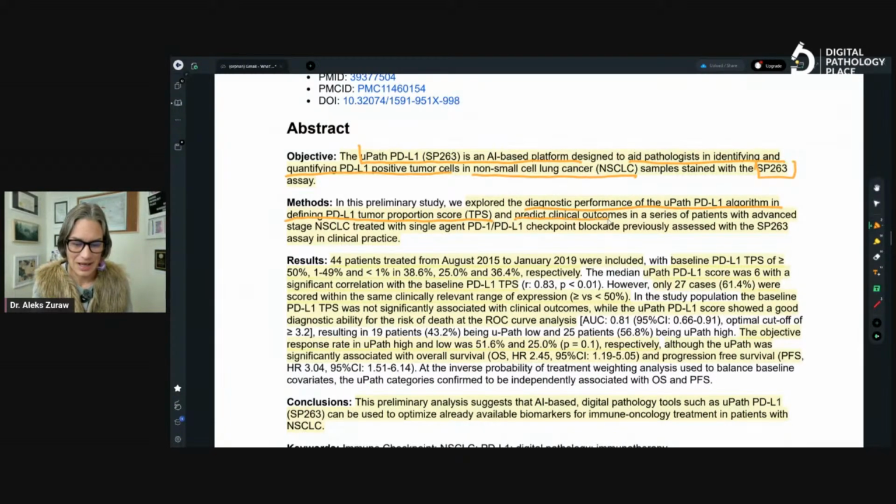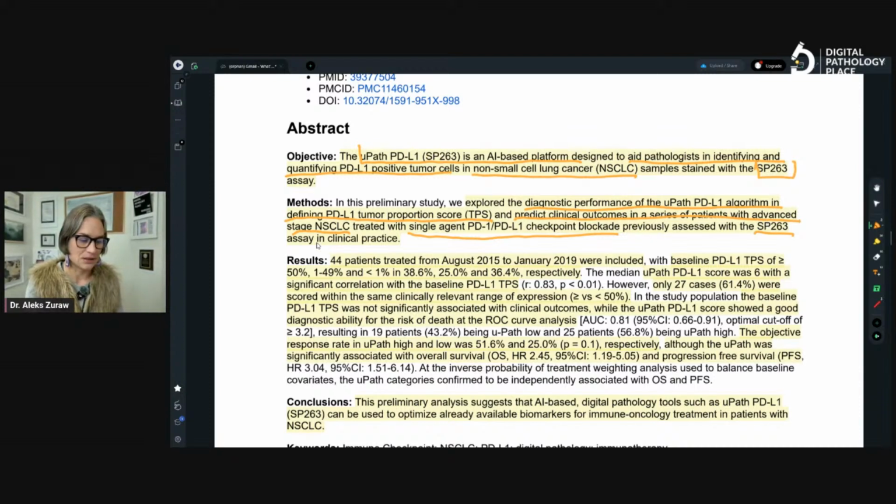This also predicts clinical outcomes in a series of patients with advanced stage NSCLC treated with single agent PD-1 checkpoint blockade and previously assessed with this antibody SP263 in clinical practice.